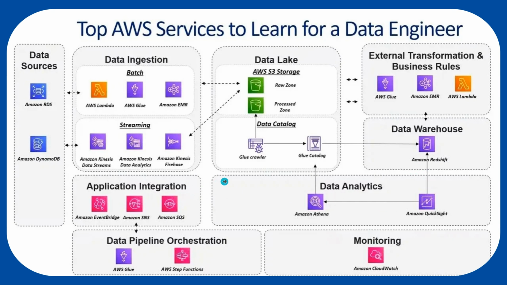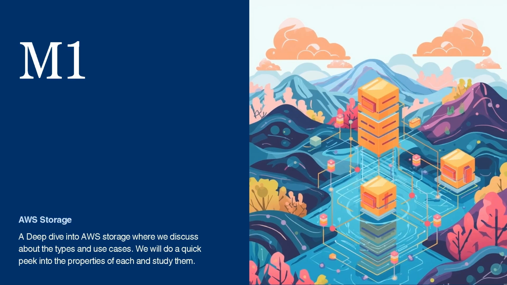So in the first module, we'll be learning about AWS storage and what storage classes we have, like Standard, Intelligent-Tiering, and Express One Zone, Infrequent Access and One Zone-IA, and Glacier and the types of Glacier.